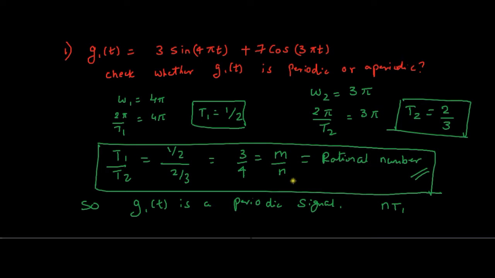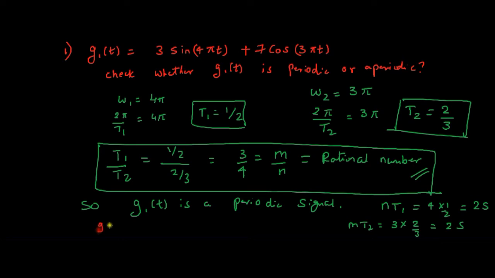Since n is 4, t1 is 1 by 2, this will be 4 into 1 by 2. This is 2 seconds, which is the same as m times t2. What is m? m is 3 and t2 is 2 by 3. This is 2 seconds. So this is the fundamental period, provided GCD of m and n is equal to 1.